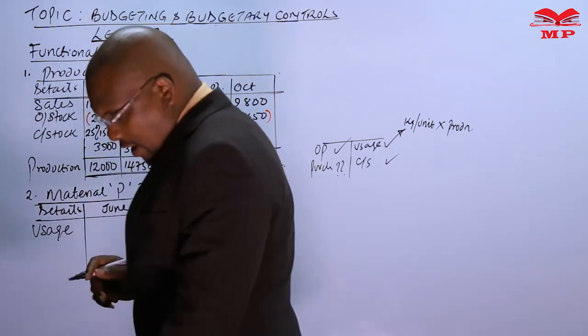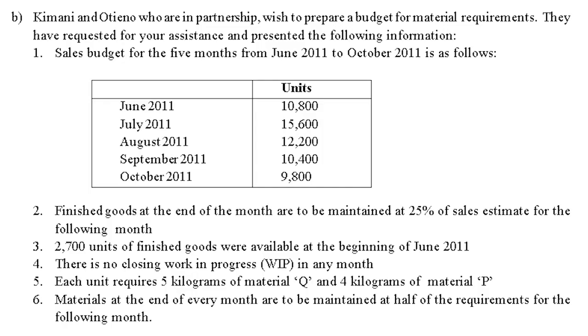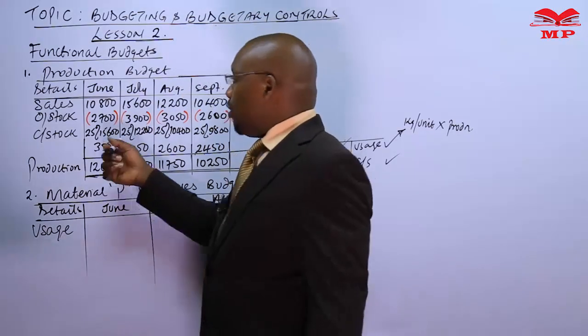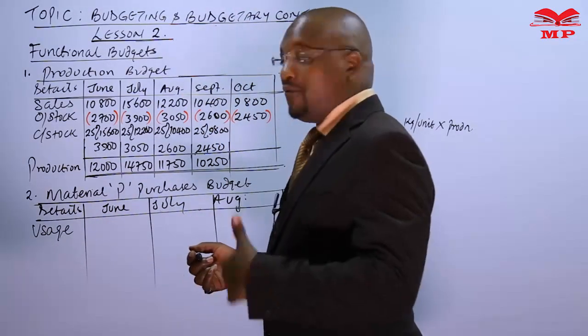For usage, we are told in information number 5 that each unit requires 5 kgs of material Q and 4 kgs of material P. So I'll be multiplying the production of June by 4 kgs, July by 4 kgs, like that.